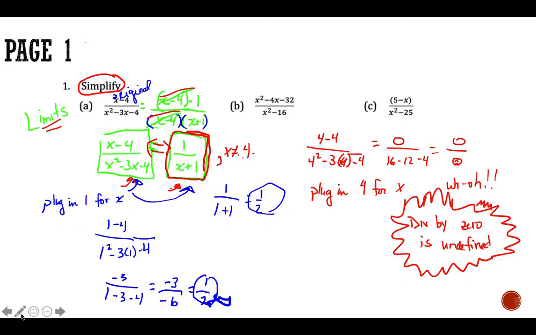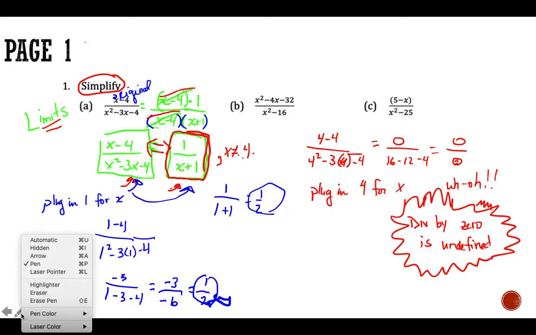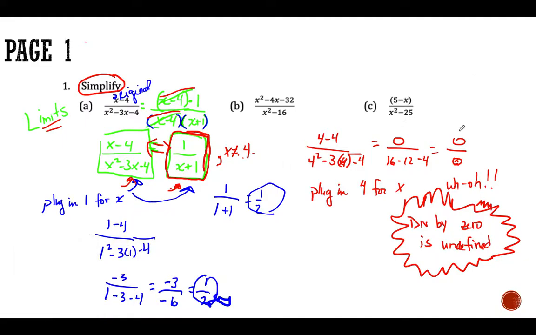So, another thing that I want to highlight to you, it's not going to become important until Unit 4, is this whole idea of not only did I get a division by 0, but I also got 0 in the numerator.